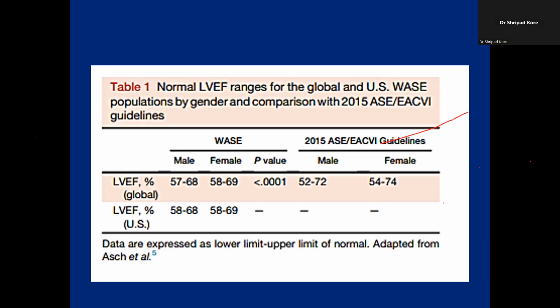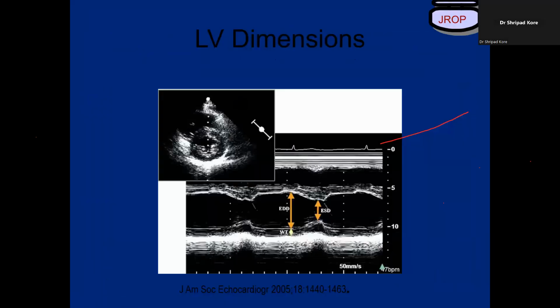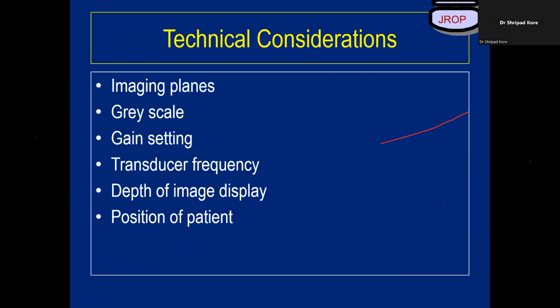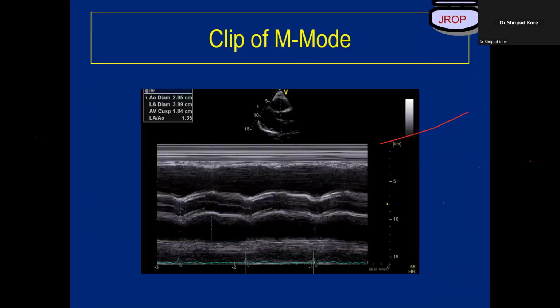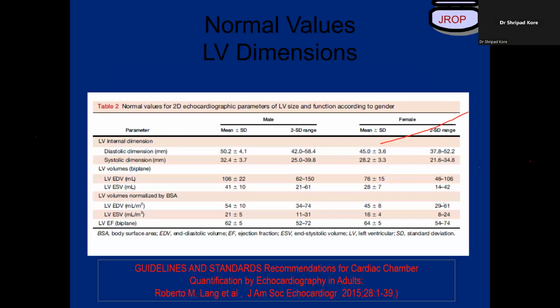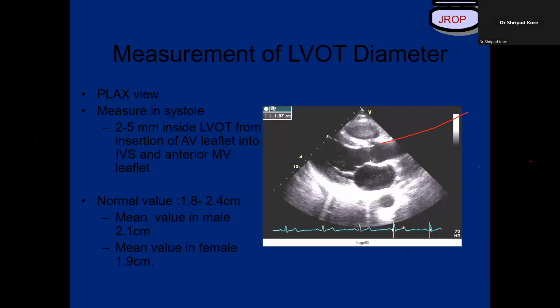When you look at this picture I showed you, the LVOT dimensions are measured when both leaflets are open, one here and one here. So in early systole these two leaflets open up, and that is where you measure your LVOT dimensions. Now, when would be the LA maximum size?